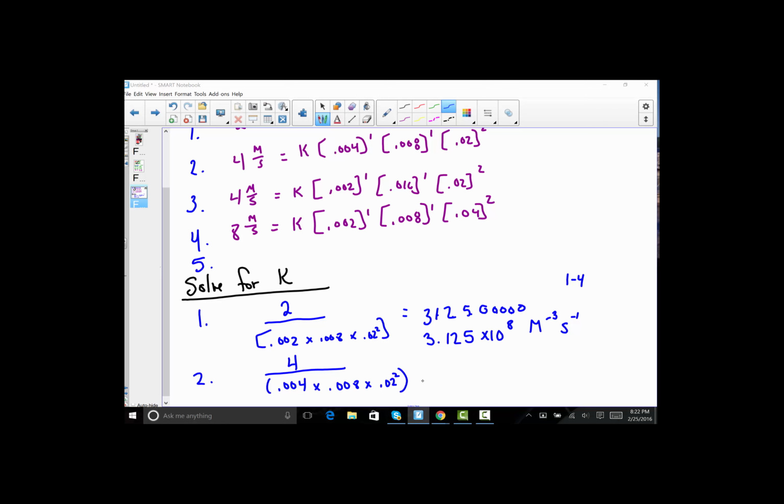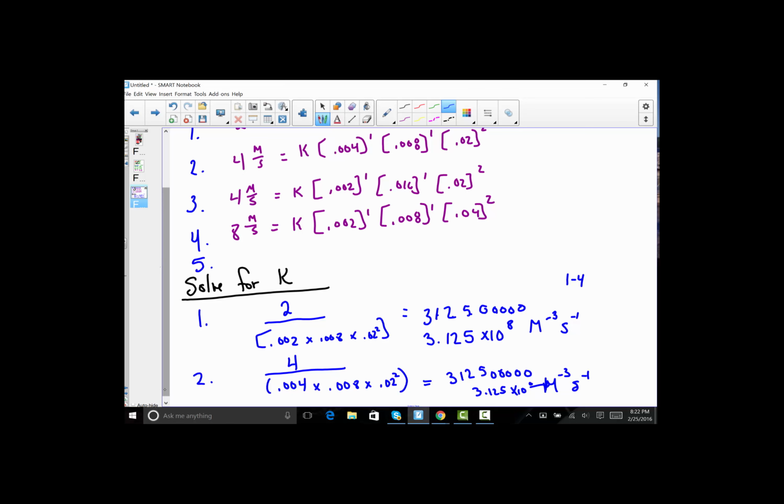Same number: 3.125 times 10 to the 8th, whatever you prefer to write, in molarity -3, seconds -1. I want you to continue to do that for reaction 3, reaction 4, and find the average K.